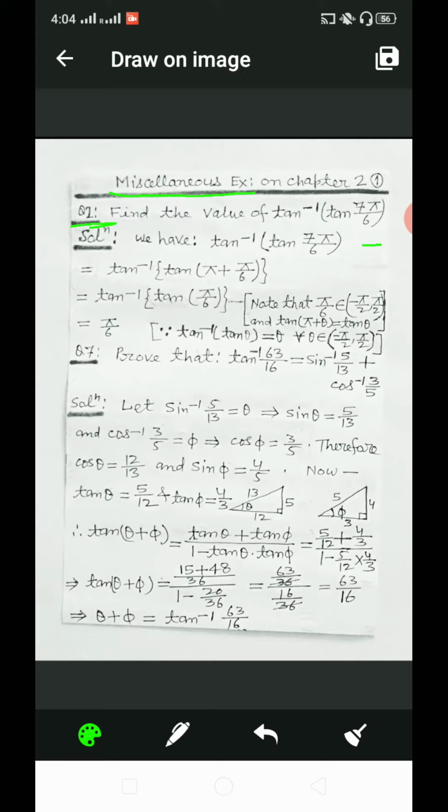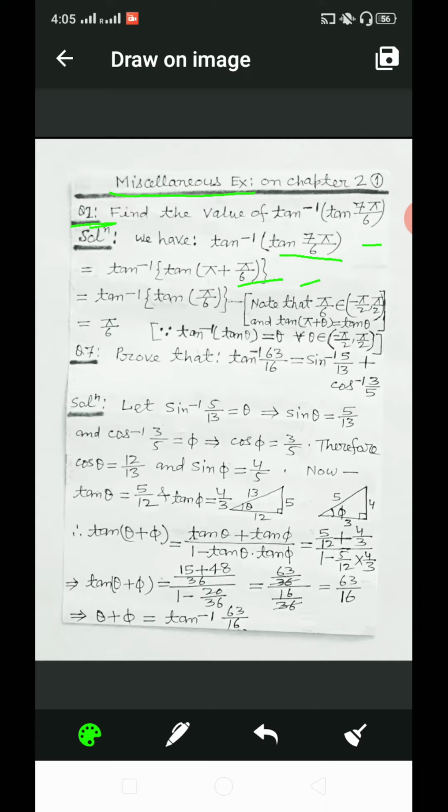For solution, we have tan inverse of tan 7 pi by 6, and this is equal to tan inverse of tan (pi plus pi by 6), meaning 7 pi by 6 can be written as pi plus pi by 6. This is equal to tan inverse tan pi by 6.